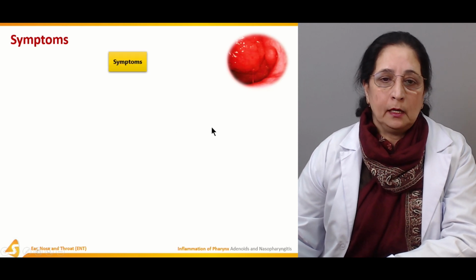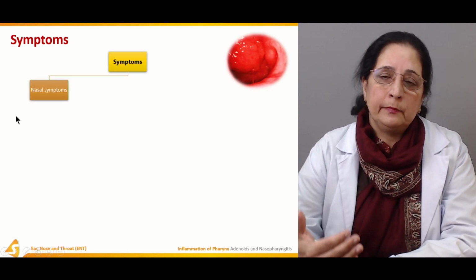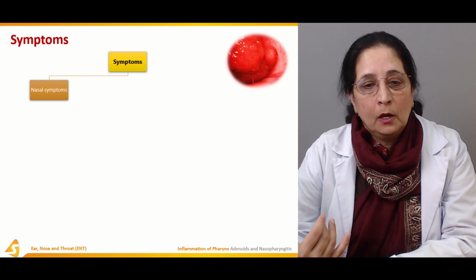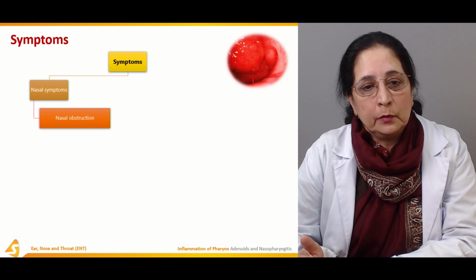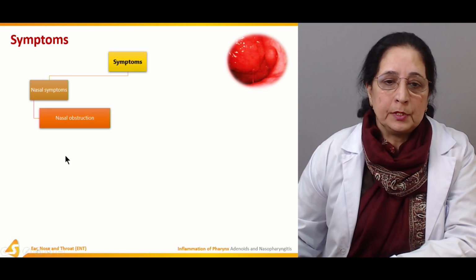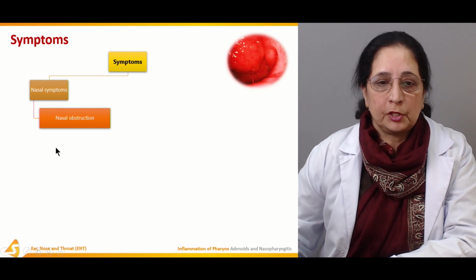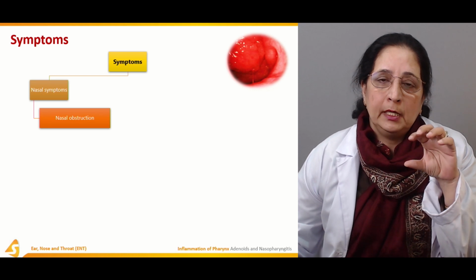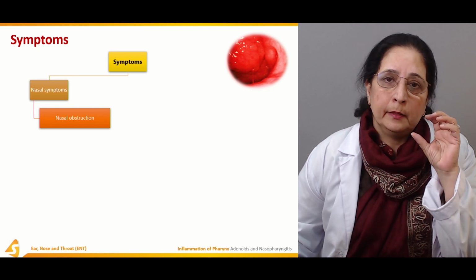The symptoms are different. We have nasal symptoms, we have oral symptoms. All these symptoms are associated with the involvement of the adenoids. So nasal symptoms are obstruction. Nasal obstruction is very common because of the obstruction of the nasopharynx and blockage.